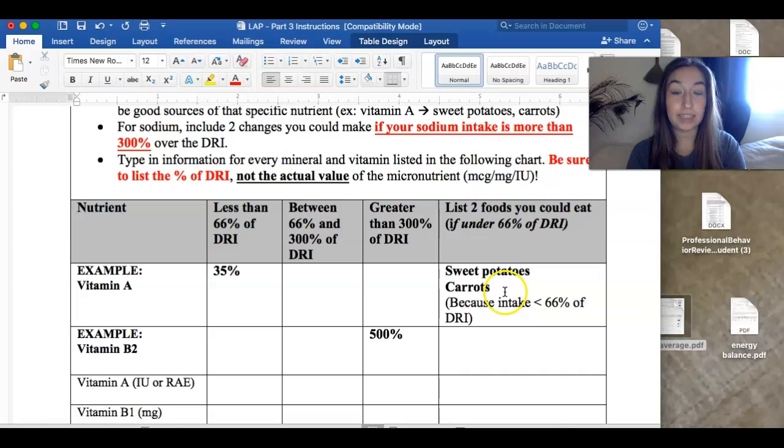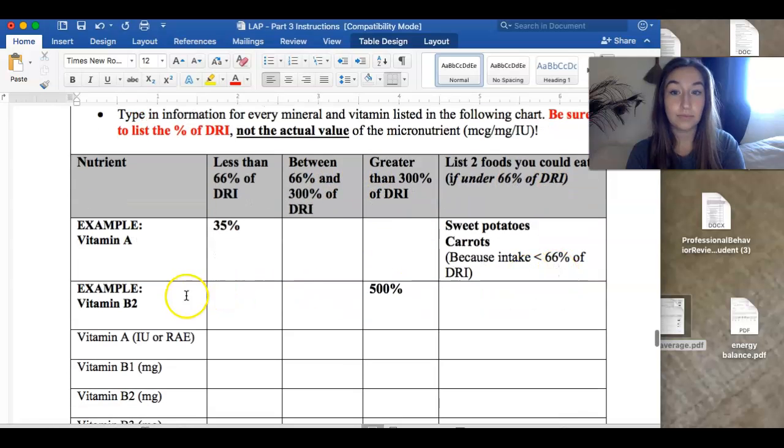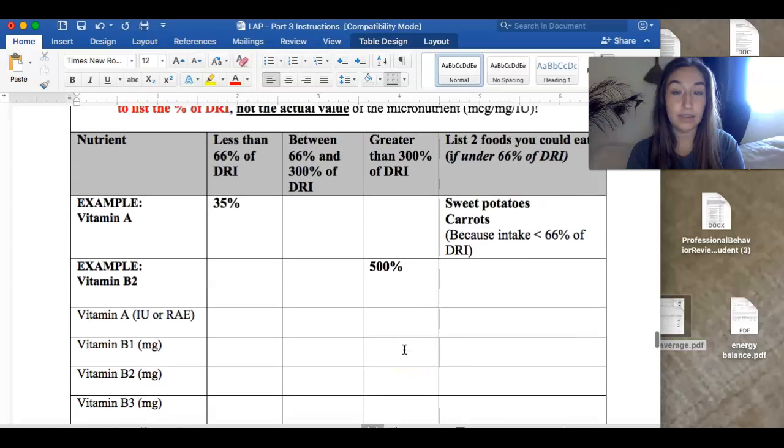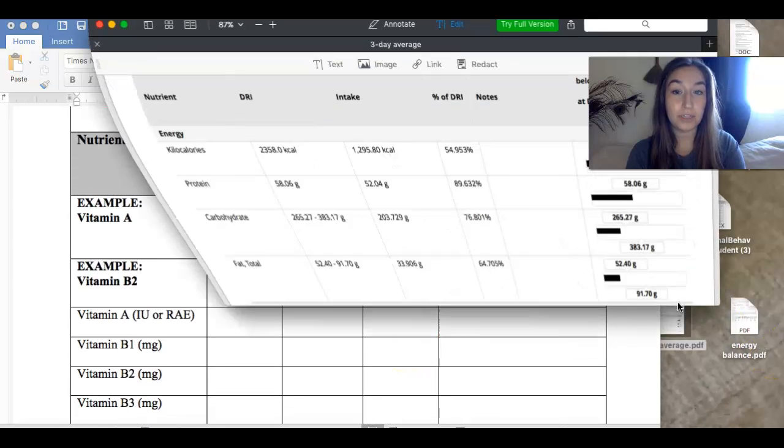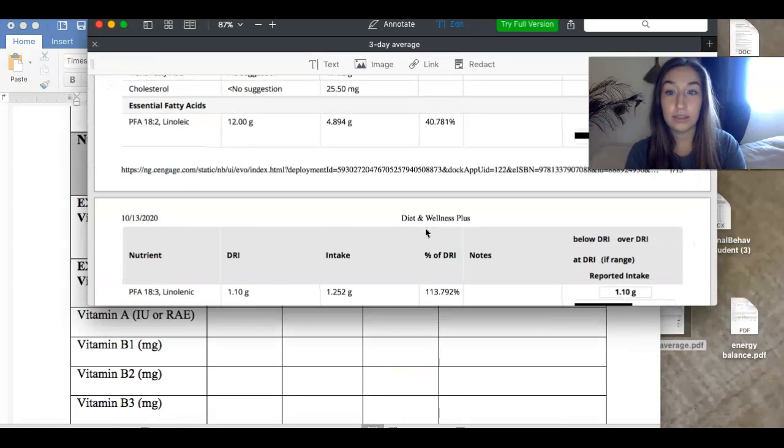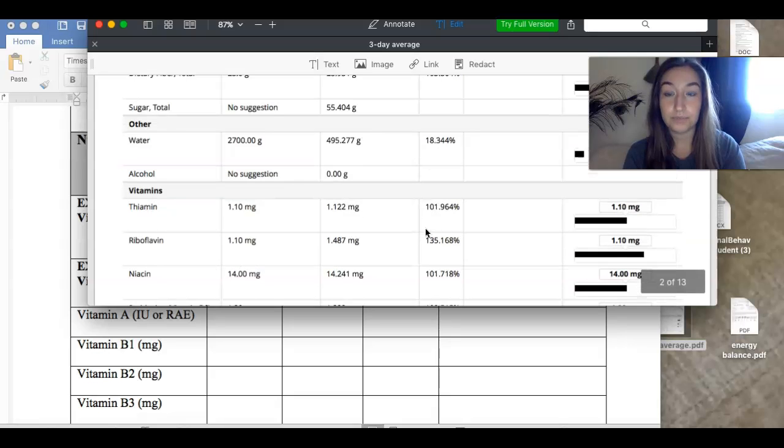So here we have an example, vitamin A. All right, let's look in the 3-day report and see what it's saying.